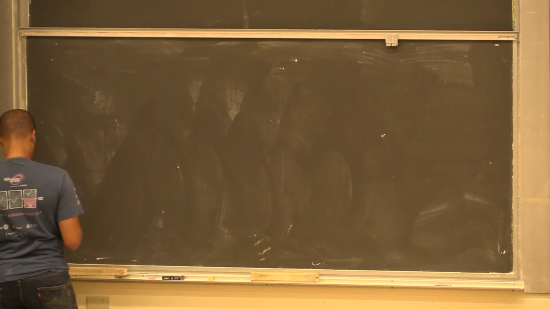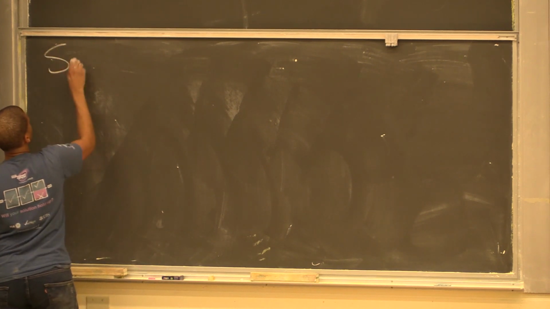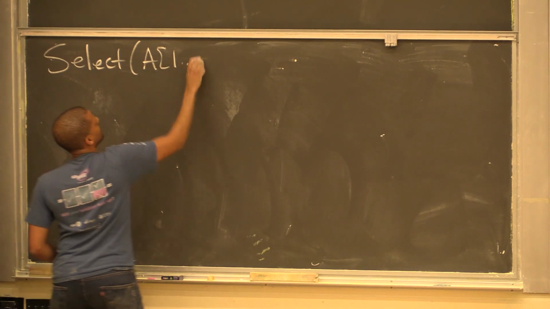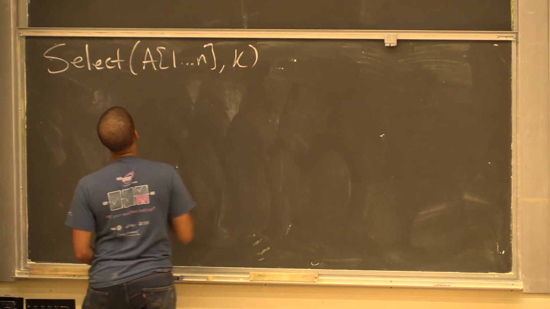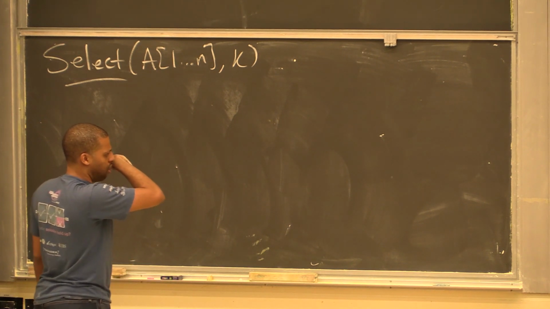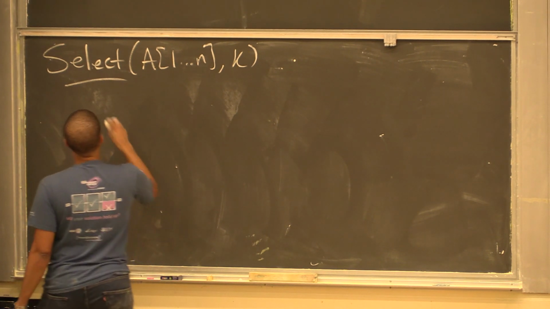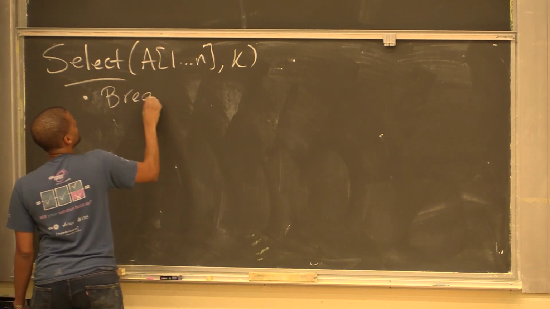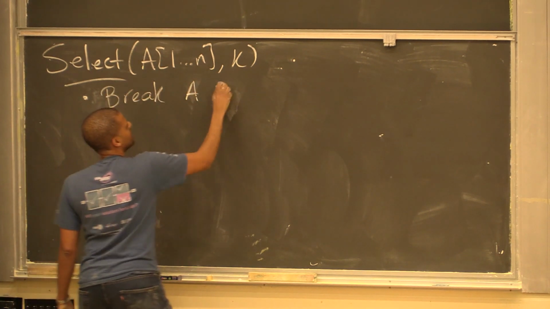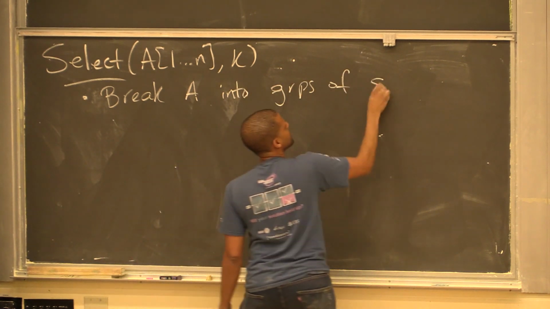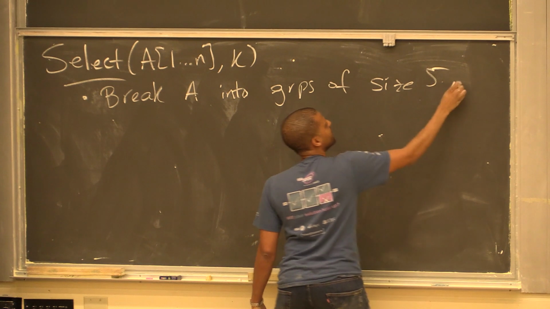so select takes as input an array A together with k. First step is break A into groups of size 5 each.